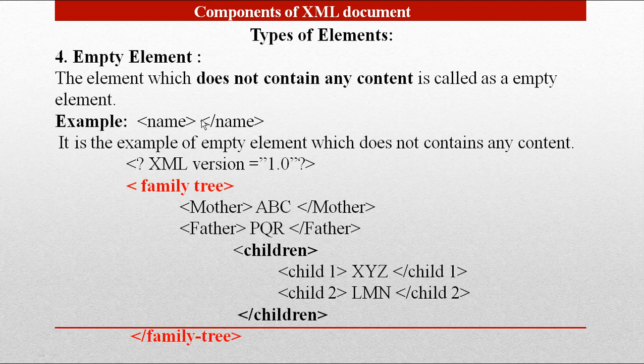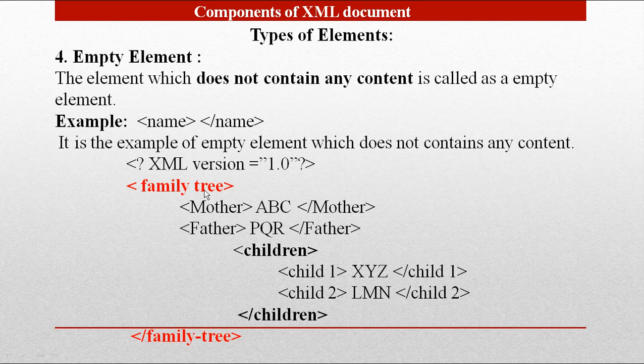Now this is the example of an empty element: name and slash name, and in between the opening and closing name there is nothing, so it is called an empty element. It is the example of an empty element which does not contain any content. So this is the first line, that is, the declaration.